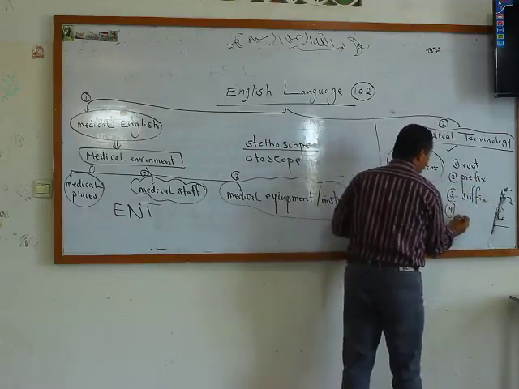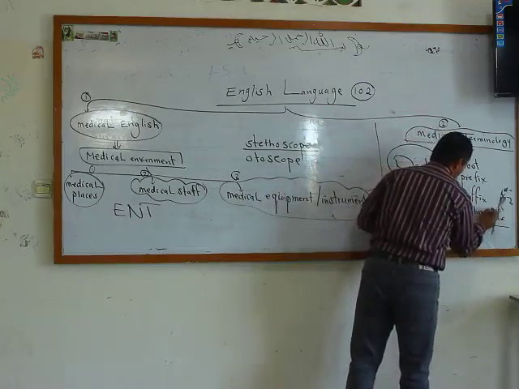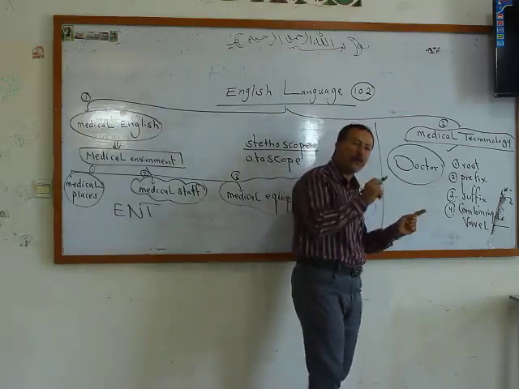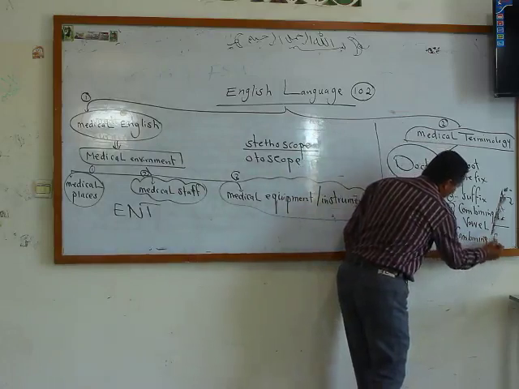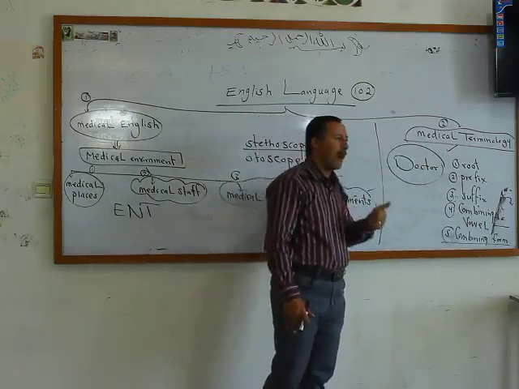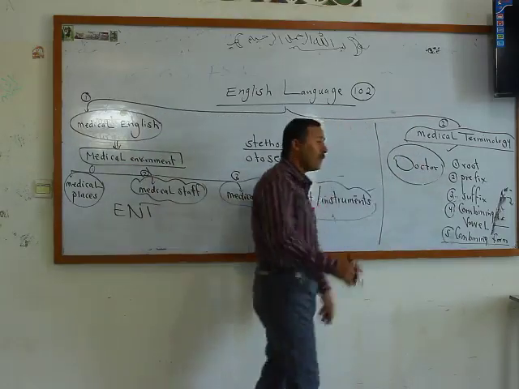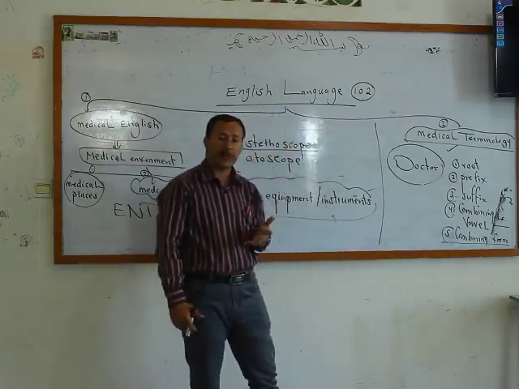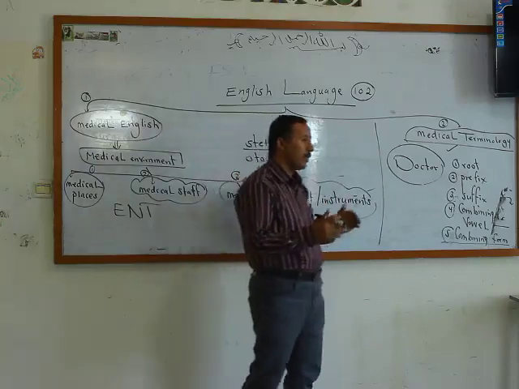Number 4, the combining vowel, O, which combines between the root and suffix, or between one root and another root. Number 5, the combining form, which means a root plus a vowel, or O. In addition, we'll cover human body systems: digestive, respiratory, urinary, reproductive for male and female, skeletal, and cardiovascular.